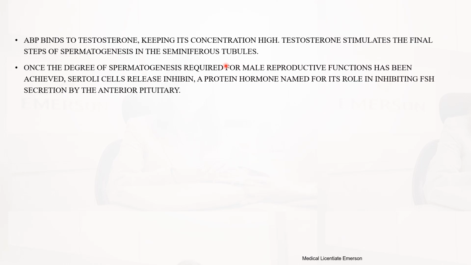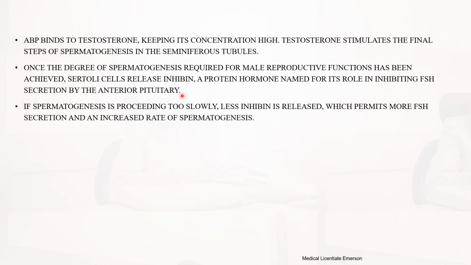Once the degree of spermatogenesis required for male reproductive function has been achieved, the Sertoli cells release inhibin, a protein hormone named for its role in inhibiting follicle-stimulating hormone secretion by the anterior pituitary gland.